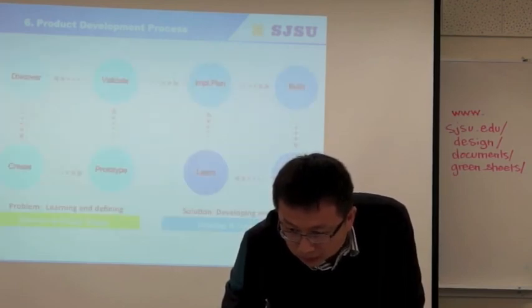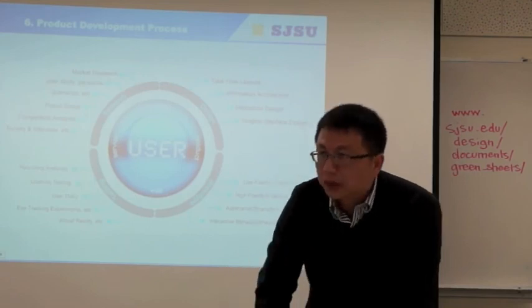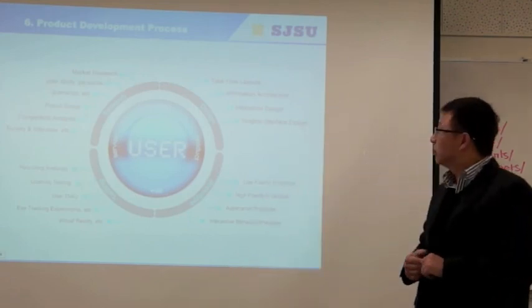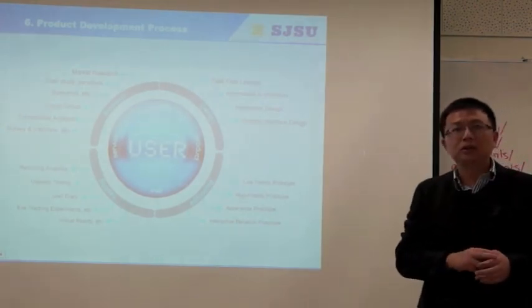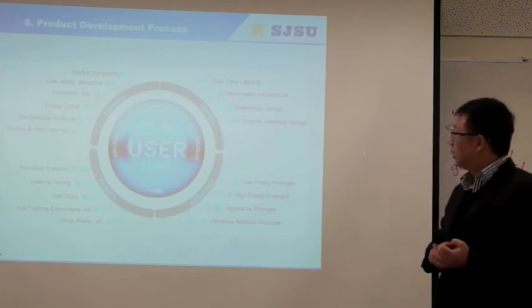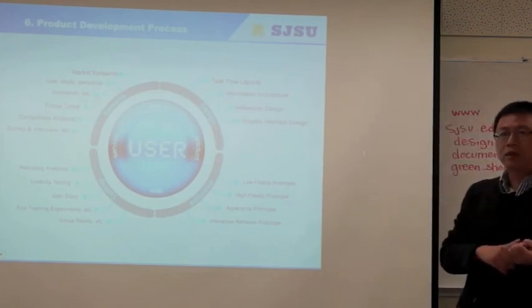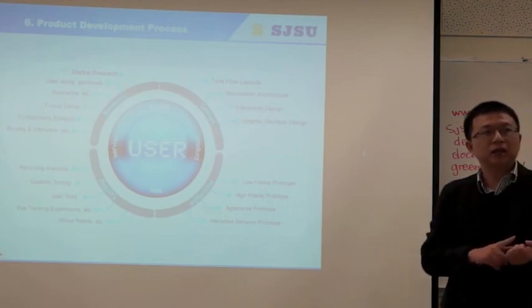So this is what we are going to learn in this class. We are going to learn how to do research, how to build personas, how to write a use case, and how to do task flow analysis. Then draw the information architecture.